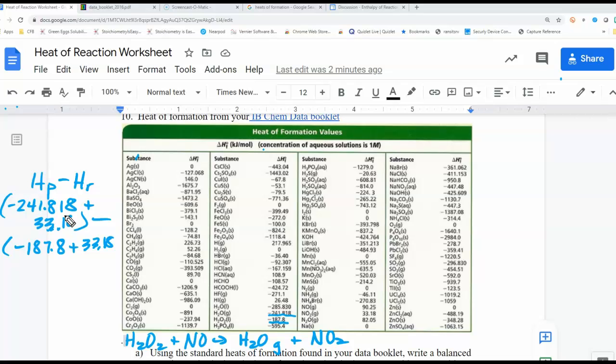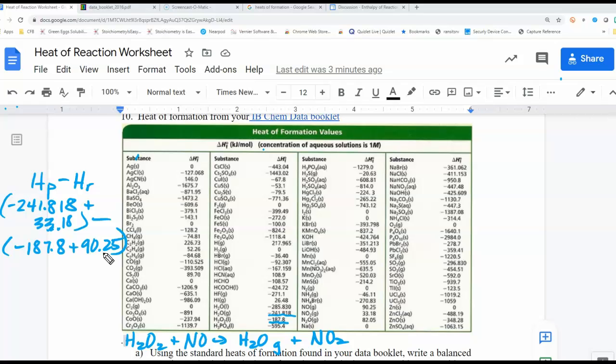That was correct. What was wrong was the NO, which should have been, reading my table correctly, 90.25.